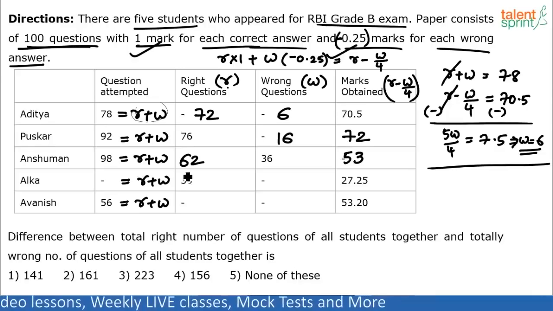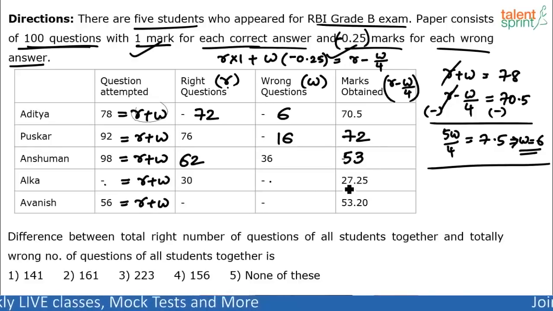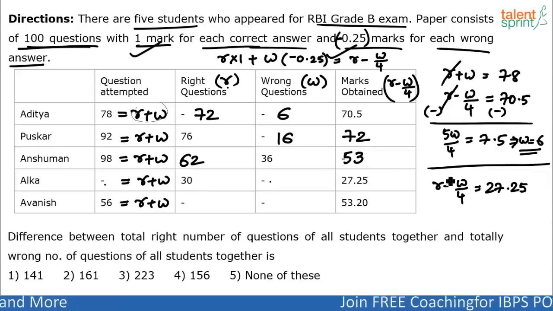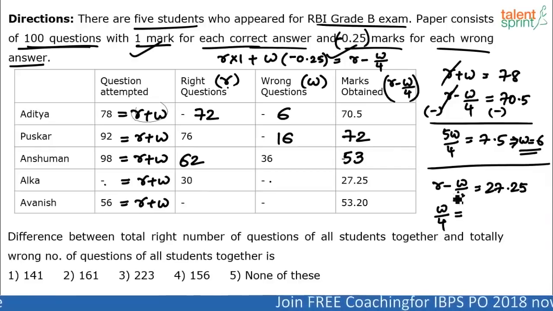Next, for Alka, if you see, this is a different case now. Alka's case, he says number of right questions are 30. The total number of questions and wrong questions have not been given, but marks obtained is 27.25. So basically for Alka, R minus W by 4 equals 27.25. What is R? R is equal to 30. So if I substitute R equals 30, we get W by 4 equals 30 minus 27.25. See, R is equal to 30, remember here.